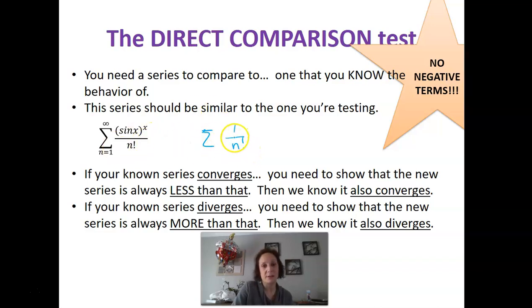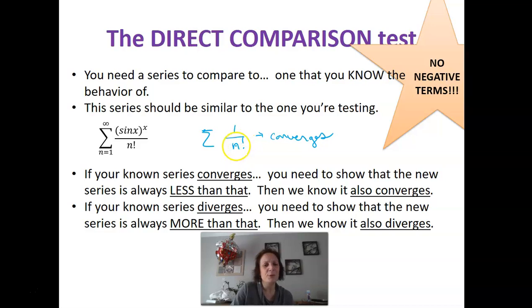So I've come up with a series. Again, coming up with a series is no easy task, right? Now, I will tell you, we'll prove it later, and I probably don't have to tell you, that this converges. 1 over n factorial converges, and it does it fast. Okay, so if my series converges, that means that these terms are getting small enough that this is approaching some finite sum.